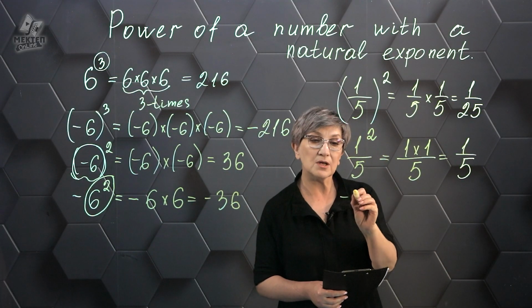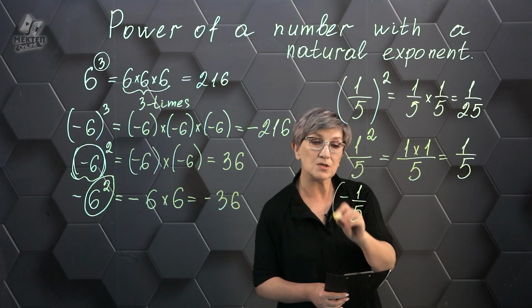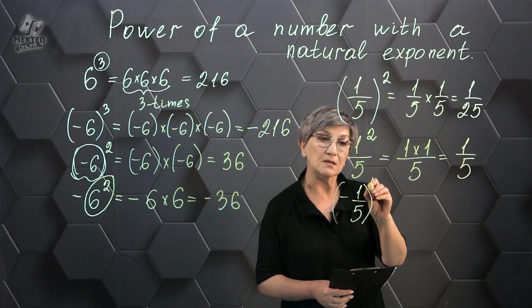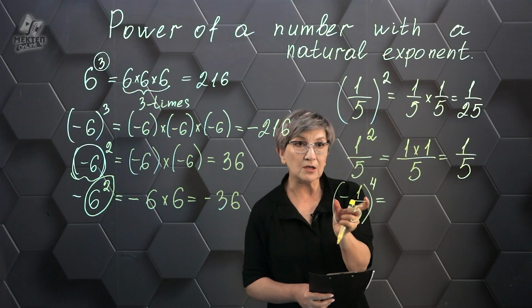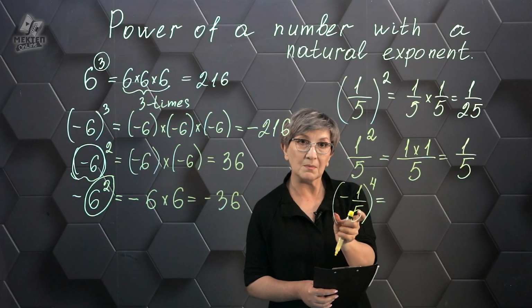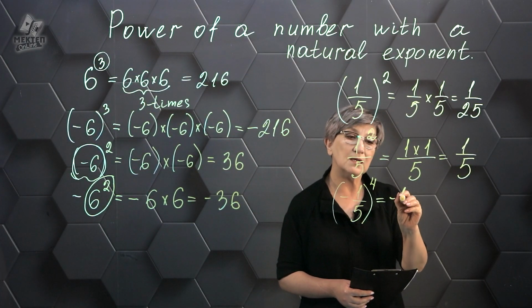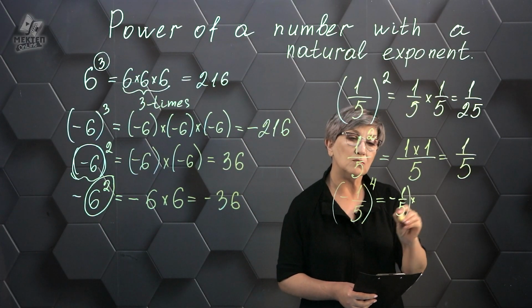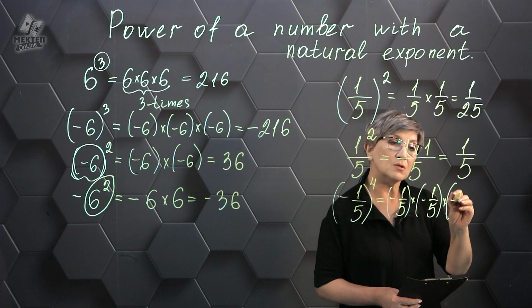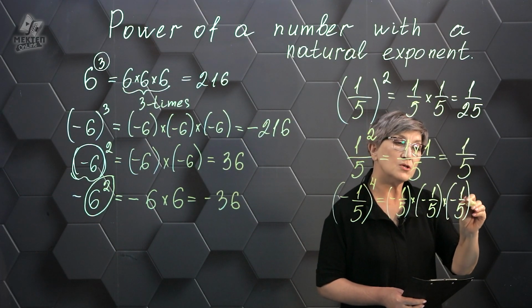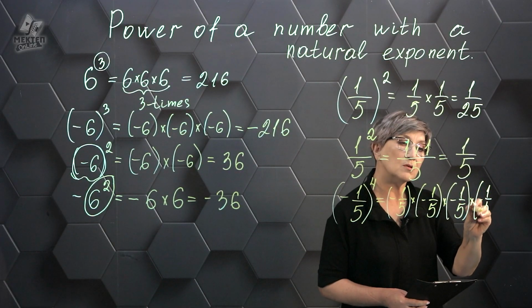If we need a negative number, minus 1/5 to the fourth power. In this case, I need to multiply the fraction by itself 4 times, and then minus 1/5 times minus 1/5. Multiply by minus 1/5, and then multiply by minus 1/5 again.